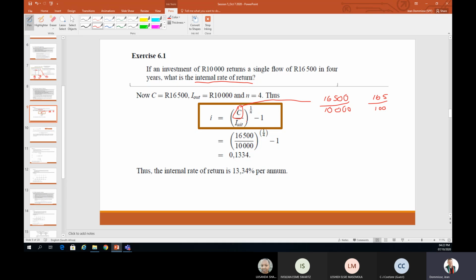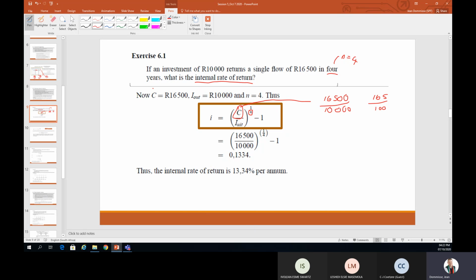And then basically remember with this formula, they tell us it is in 4 years' time. So that is your n is equal to 4. So in this formula, it is the 1 over 4. And then if we get that answer, remember, again, you need to multiply it by the 100 to get to the percentage.